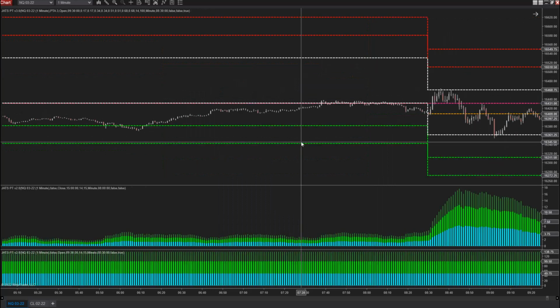So you can take the smallest of ranges and then apply it to your larger range for context.